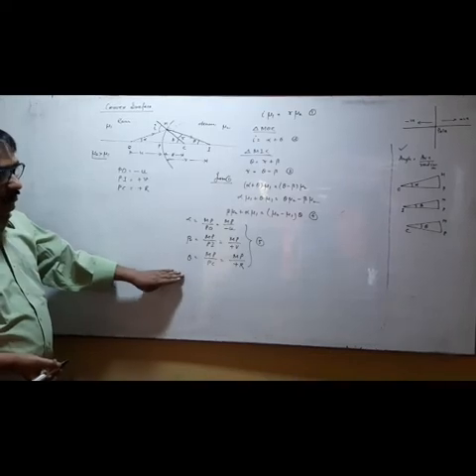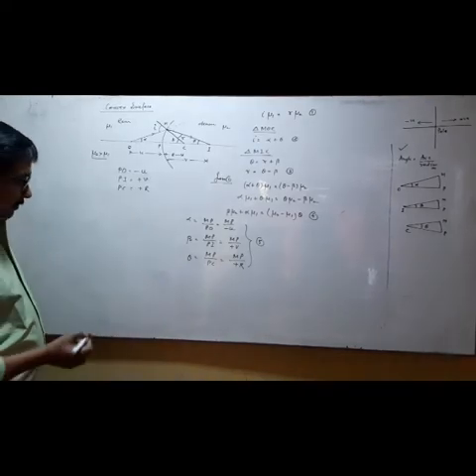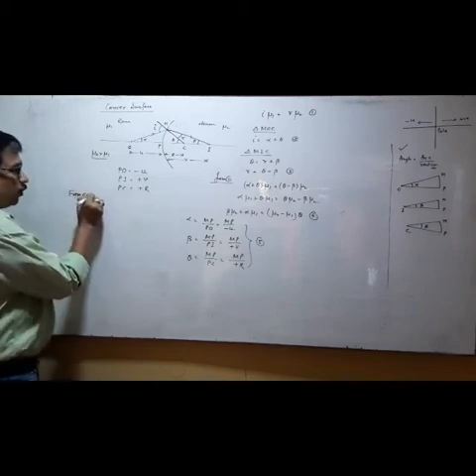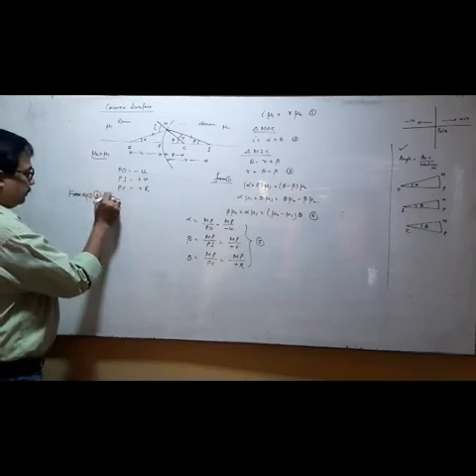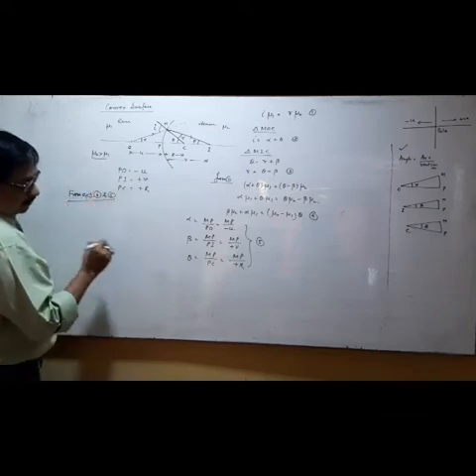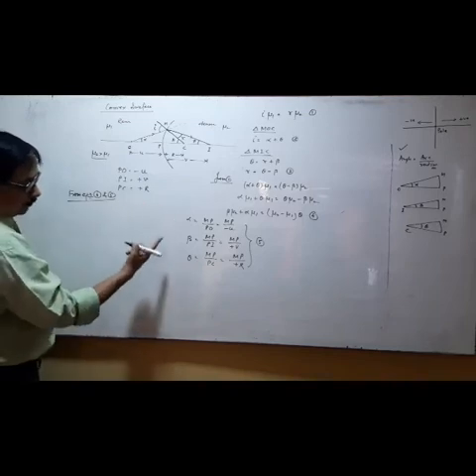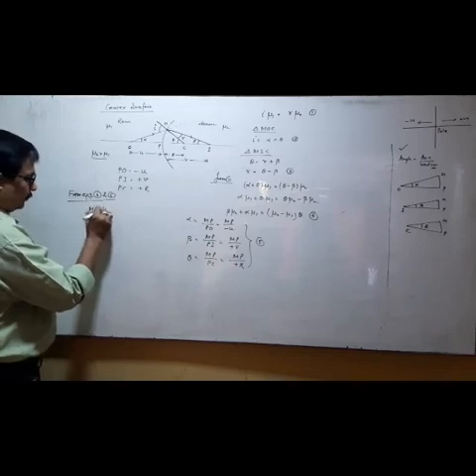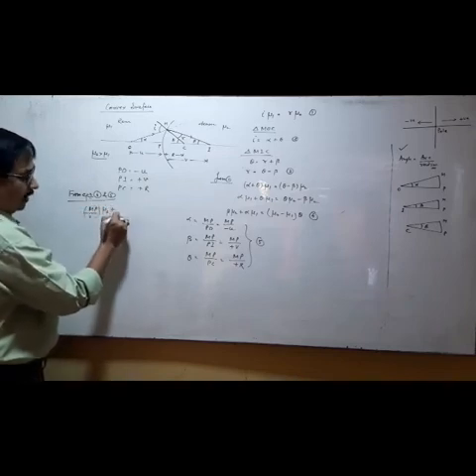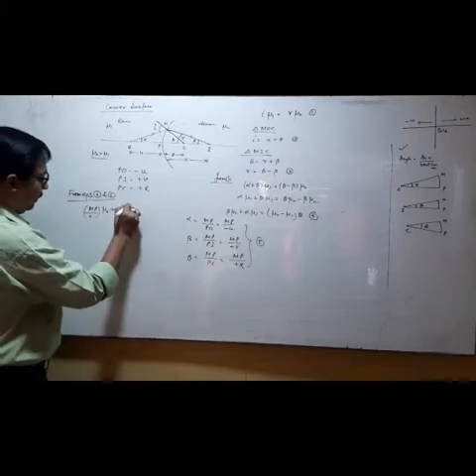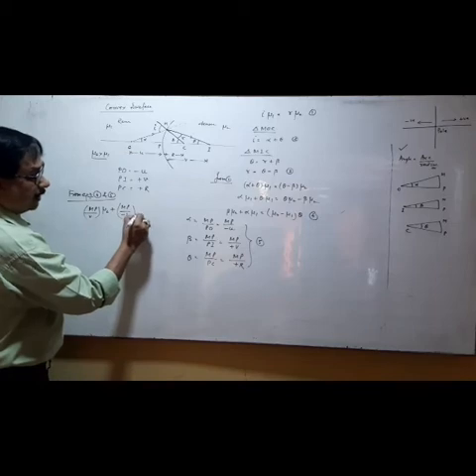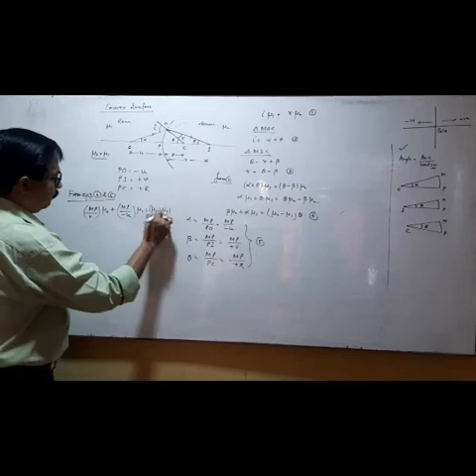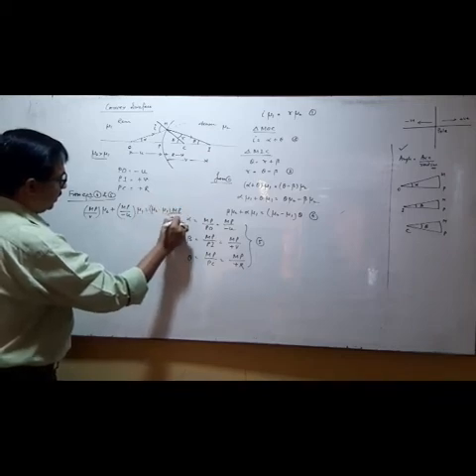Now put the value of equation 5 in equation number 4. So from equations 4 and 5, we can write beta mu 2, that is MP by plus v into mu 2, plus alpha, that is MP by minus u, into mu 1, is equal to mu 2 minus mu 1 into MP by plus r.